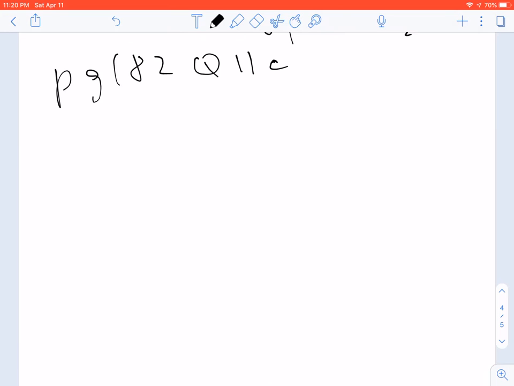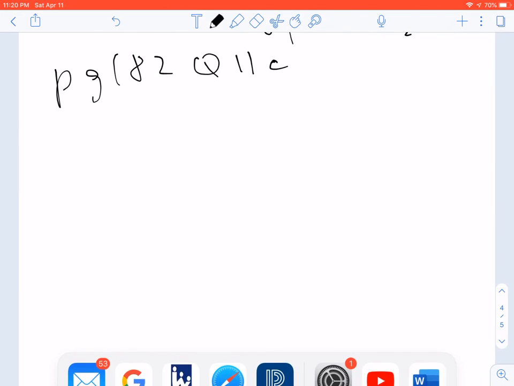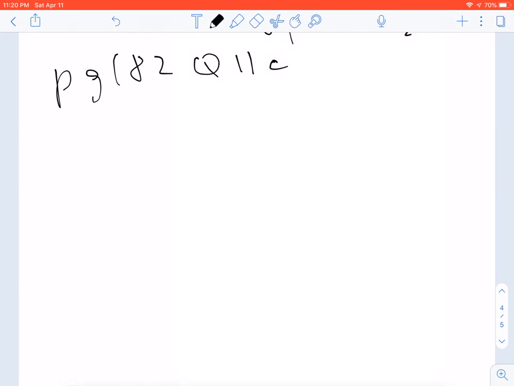Okay, 11C says calculate the mass of a sample of aspirin if we have 1.25 moles, and the formula is given there. So for 11C, the number of moles is given as 1.25 moles, and the question is what is the mass?